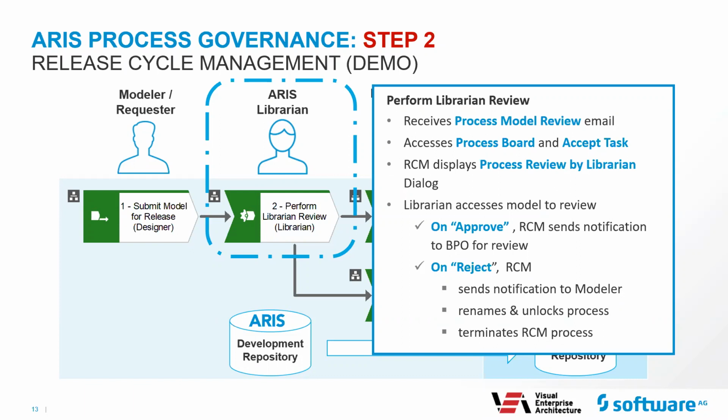The librarian has two decisions: they review the model and either approve or reject. On approval, RCM sends a notification to the BPO for review. On reject, RCM sends a notification to the modeler, renames and unlocks the process, and then terminates the RCM process. So all of this is happening in development.